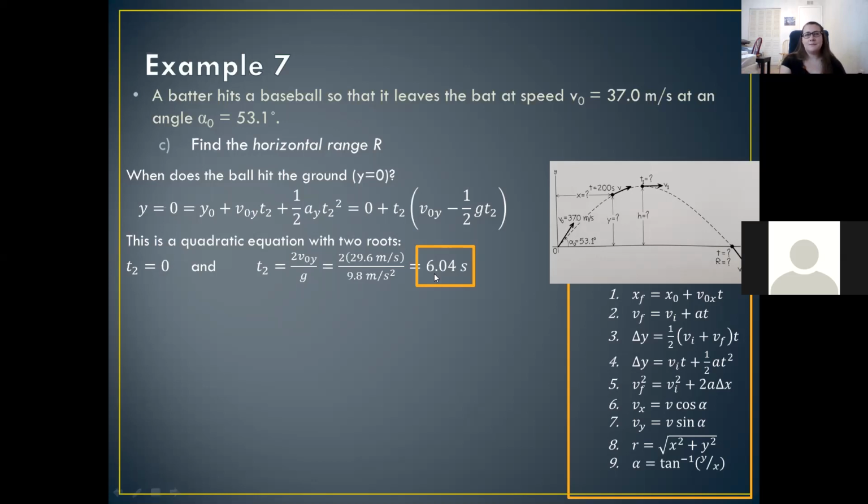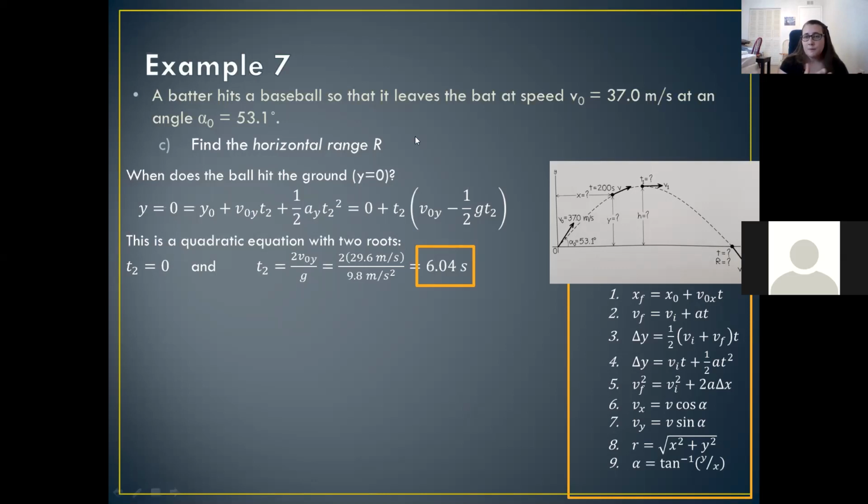Think about part B. Gabriel, yes, it's double the time at the half or the maximum point. And that's absolutely right.